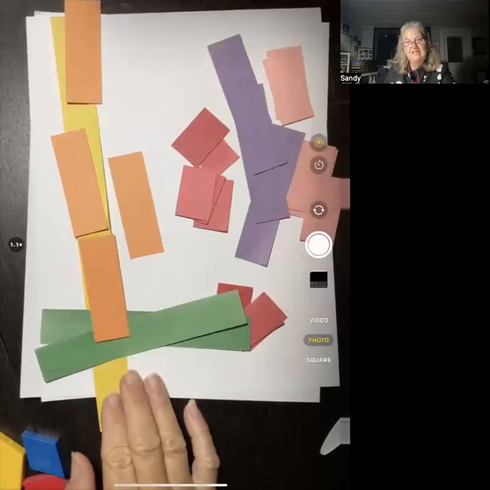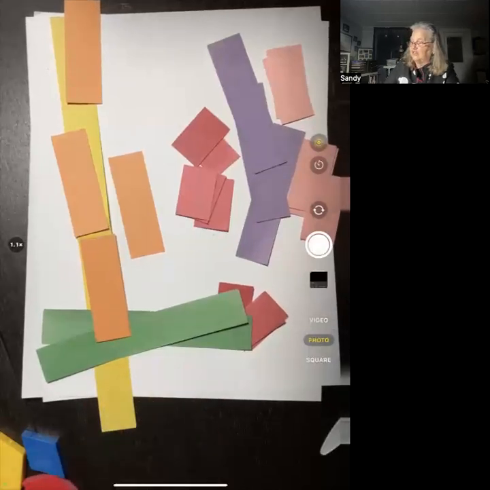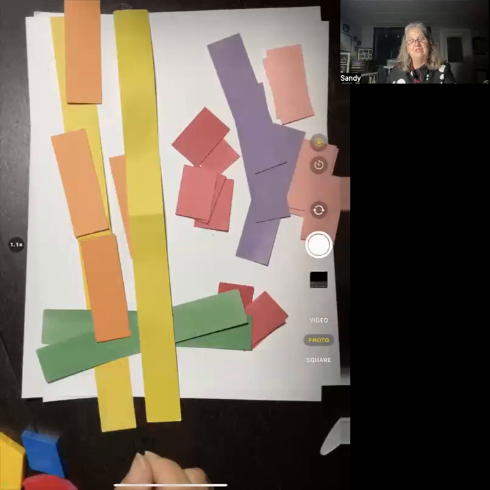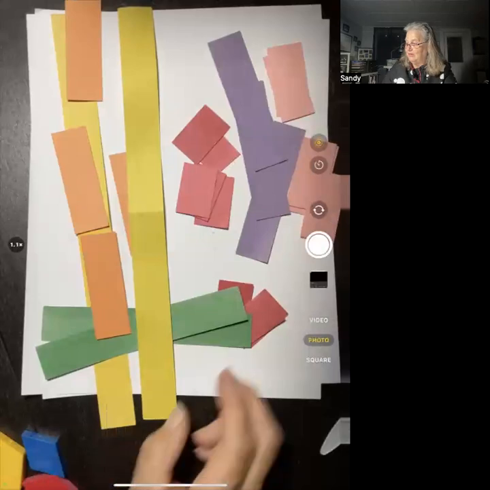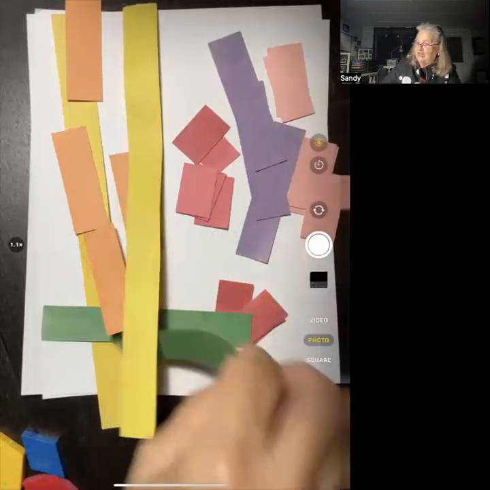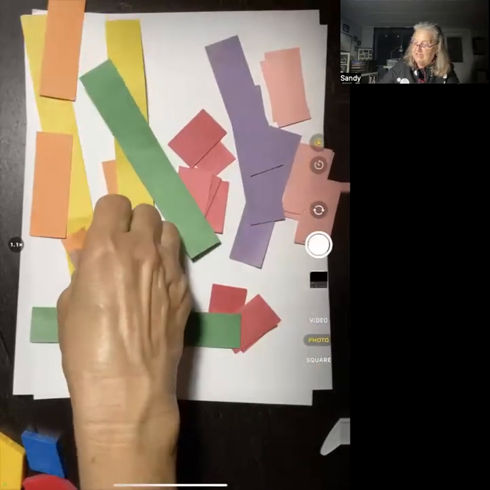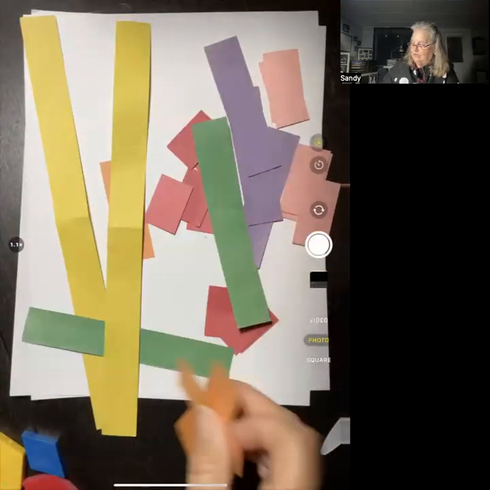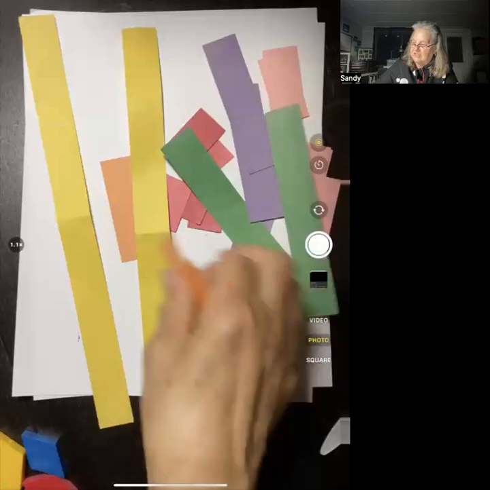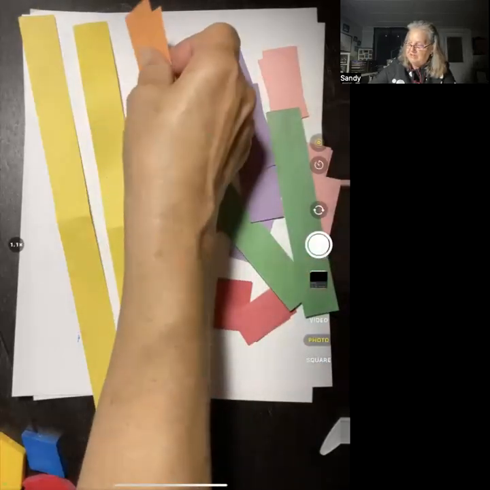And then you may see extra holes in their kit sometimes, because when they get to mixed numbers, like 2.5, it's helpful to have more than one hole. It's helpful for them to see, well, I could make 2.5 with the 2 yellow pieces and 1 green piece. But I could also make 2.5 with the 2 yellow pieces and 2 orange pieces.